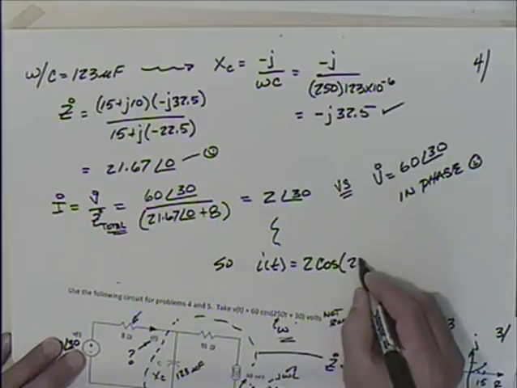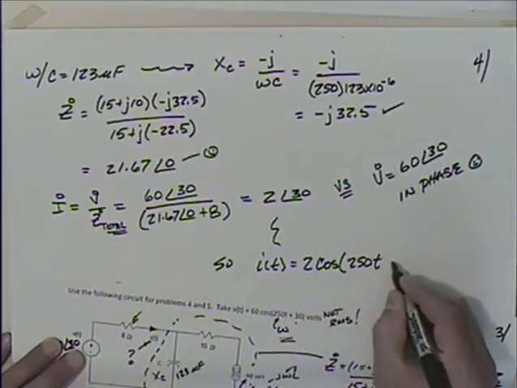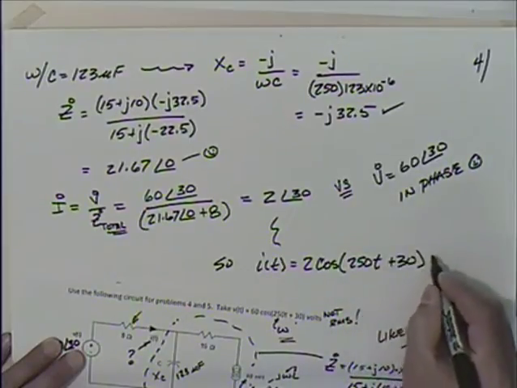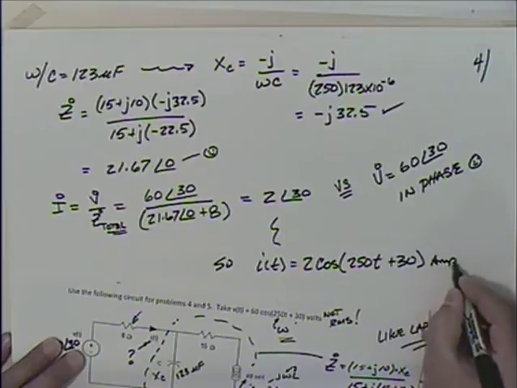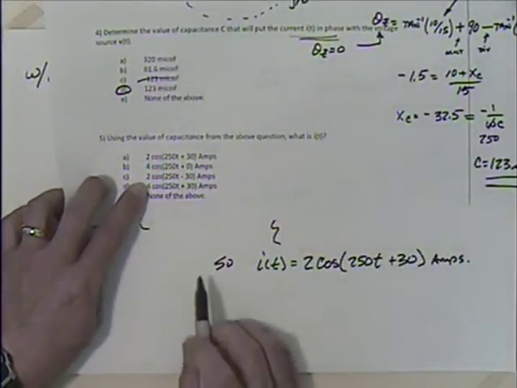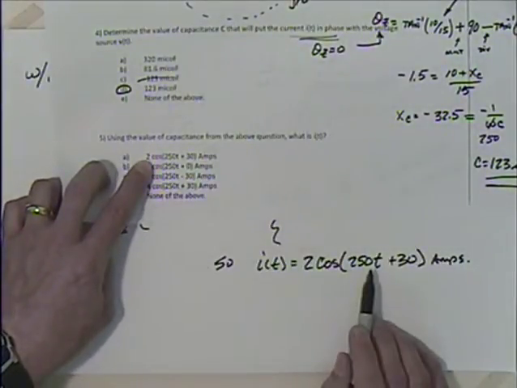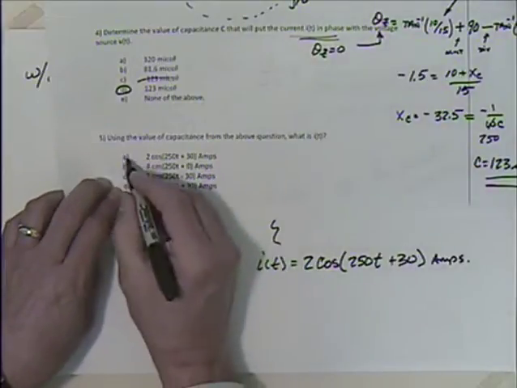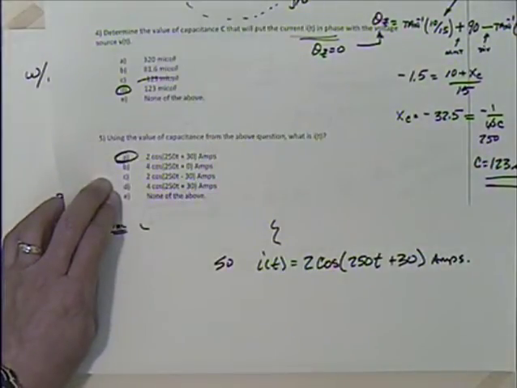What was our omega? 250 t plus 30, and that'll be amps. Certainly not amps RMS. So do we have that answer? We've got 2 cosine 250 plus 30. It looks like answer A, doesn't it? Good.